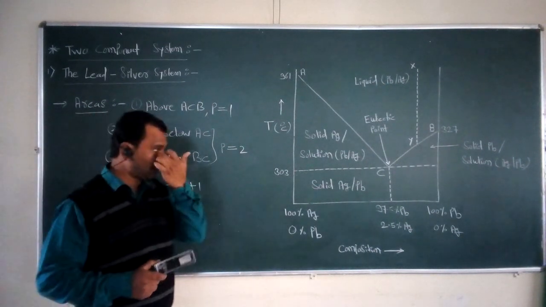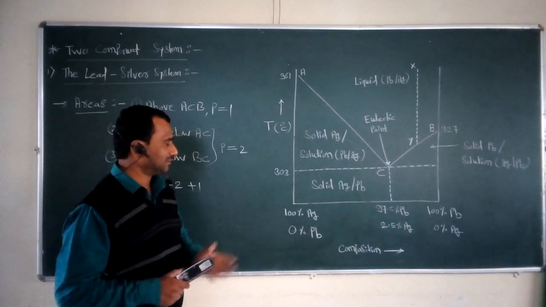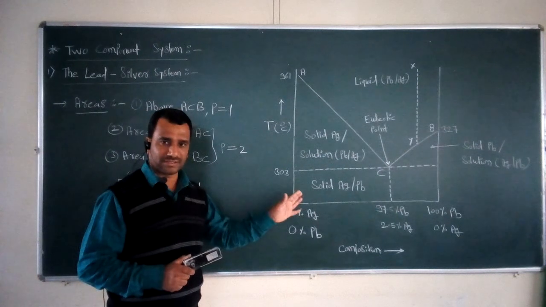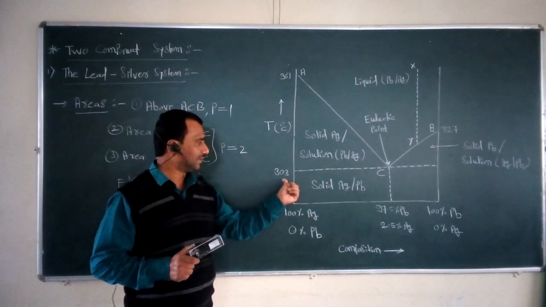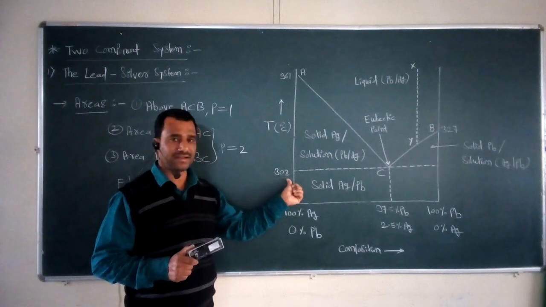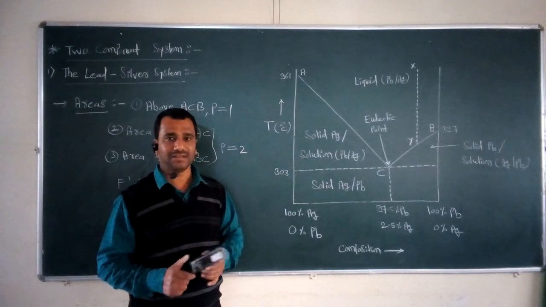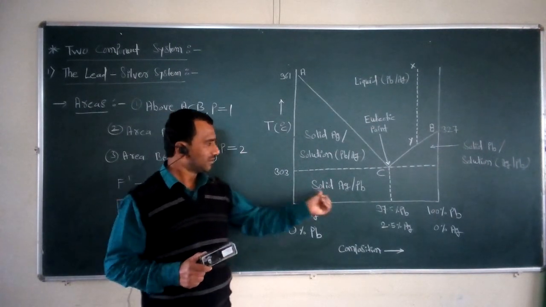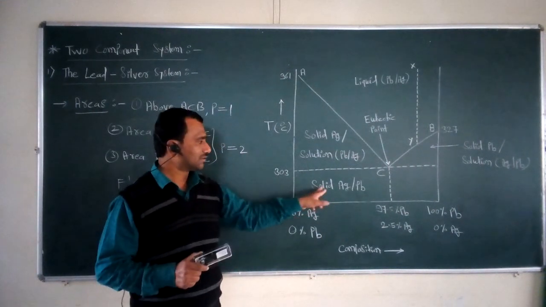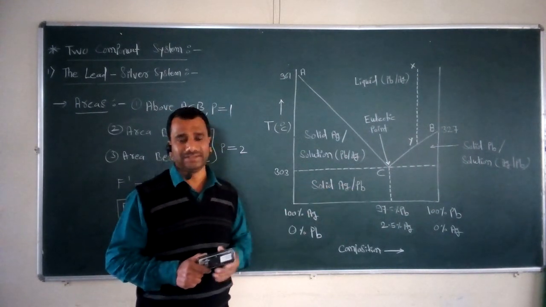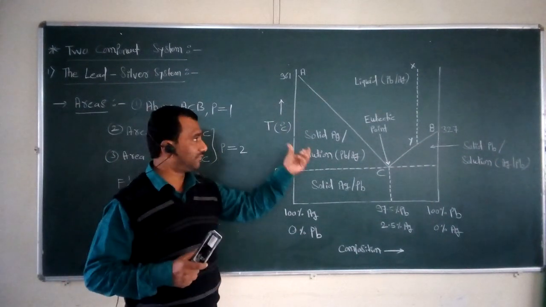After that, the next important area in this phase diagram is the area below the temperature of 303, this downward area. In this downward area, the phases present are solid silver and solid lead.